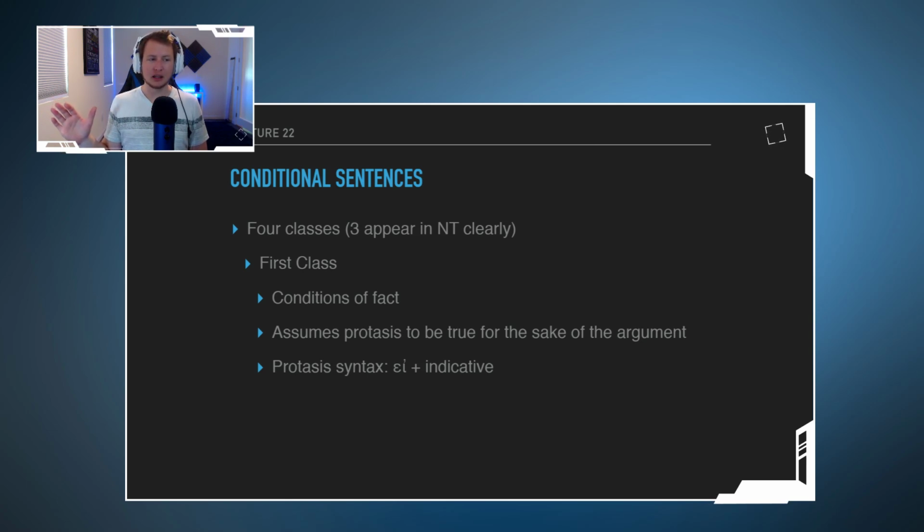So if I were to say, if Donald Trump were never the president, then blank. Well, we know that's not true, but for the sake of the argument, we're saying this is true. So that's how first class condition works. It assumes that the if statement is true for the sake of the argument, regardless of whether or not it is. The syntax is ei (epsilon iota) plus indicative. If, indicative.